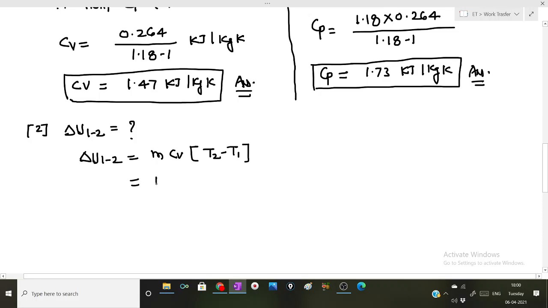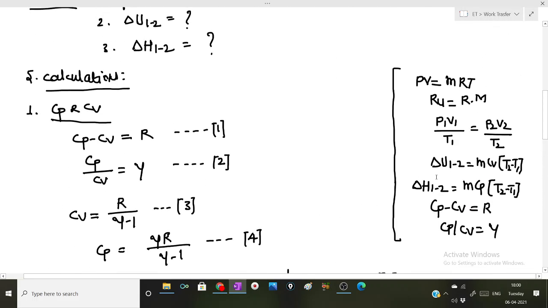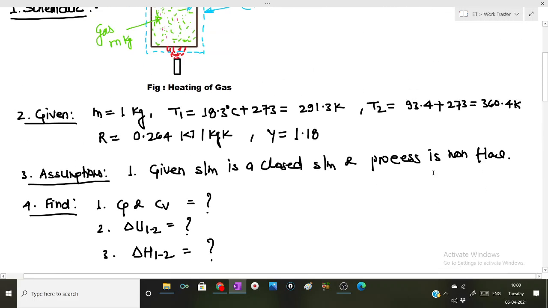Mass of the gas is given as 1. Just now we have calculated the value of Cv as 1.47. T2, the value of T2 is, oh, please correct this.